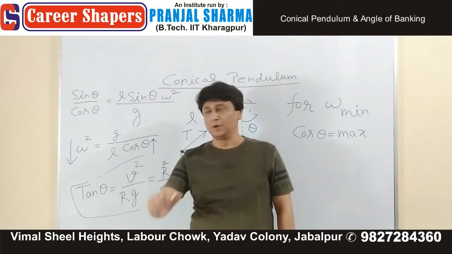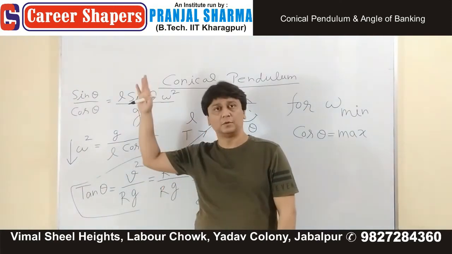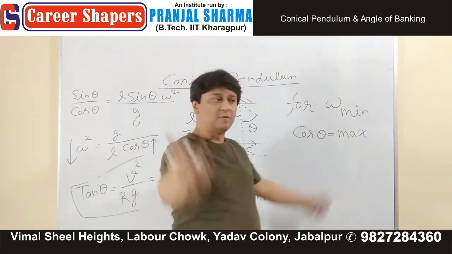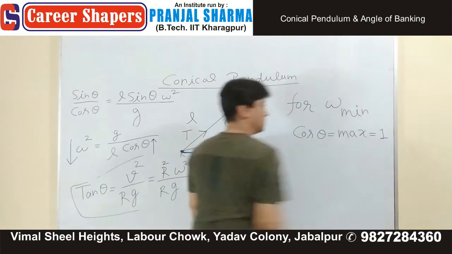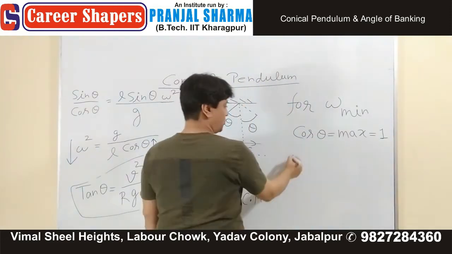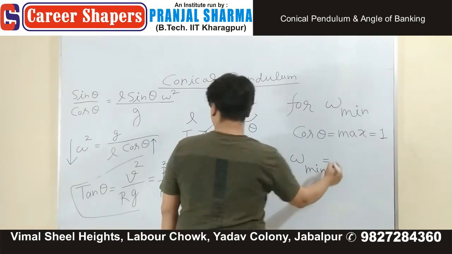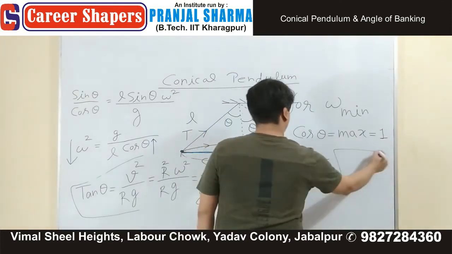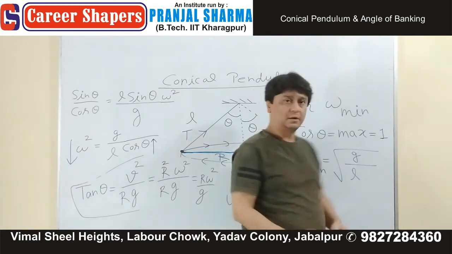Now we used simple maths: to minimize this, maximize cos. What is the maximum value of cos? 1. That means omega minimum is root over g divided by L.